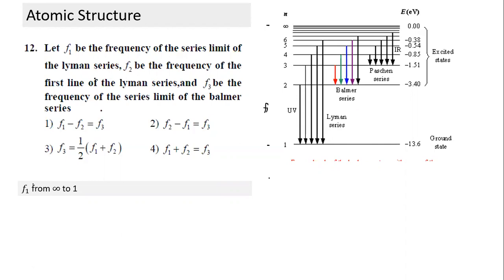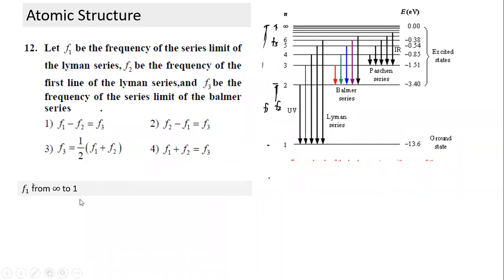And F2 is the frequency of the first line of the Lyman series. So this energy gap is F1, and this energy gap is F2. This is the first line, and F3 is the frequency of the series limit of Balmer. So this gap is F3. This is pretty simple. The energy corresponding to F1 is equal to the sum of the energies corresponding to F2 and F3.